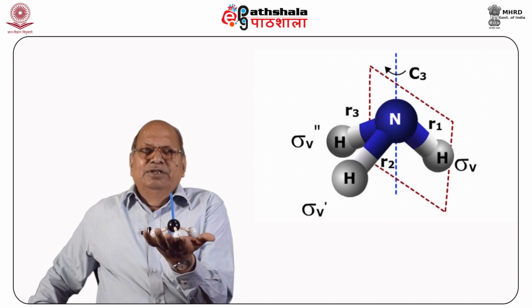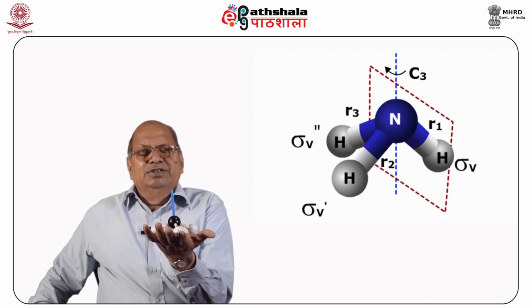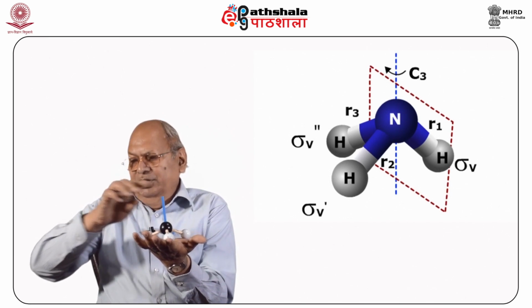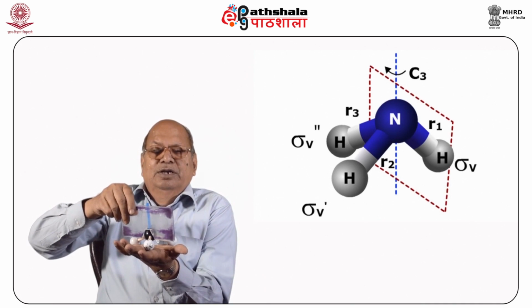That is, I will just go for the transformation operator corresponding to this symmetry operation. In this molecule, the symmetry operations are E, C3^1, C3^2, sigma v', and sigma v''. C3 is shown over here, and this sigma v I can just put down like this.